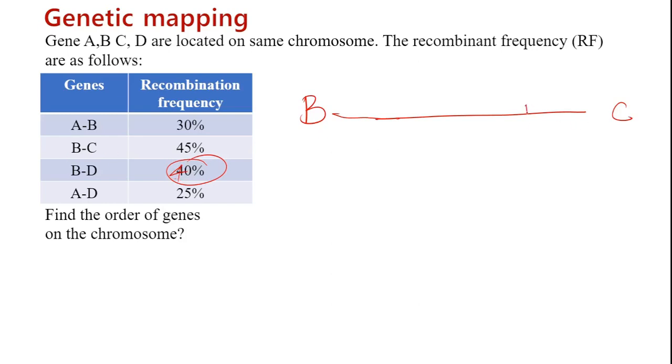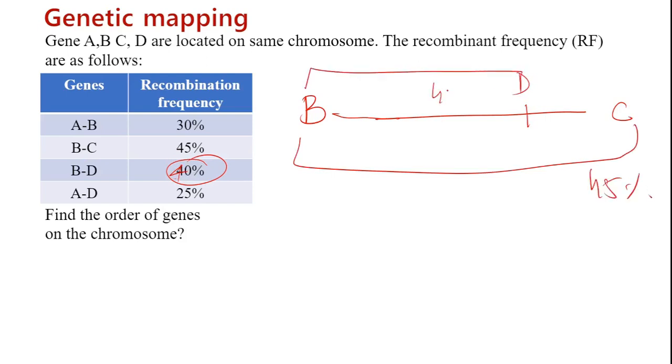Because of that, we will write D here, right? So BC will have 45%, BD will have 40%. And one more combination is there, AB. AB is there, so definitely A will be here. This is the combination of genes here. AB will have 30% recombination frequency, and AD will be less than 25.